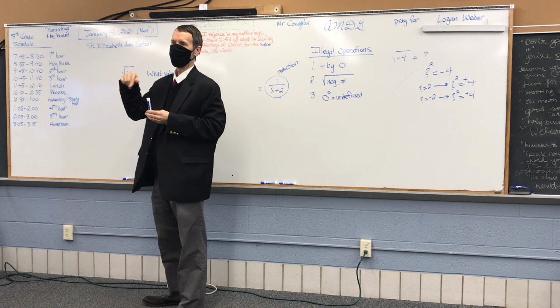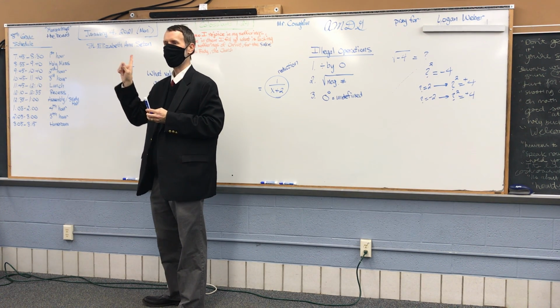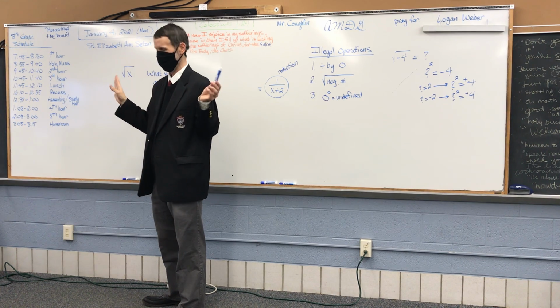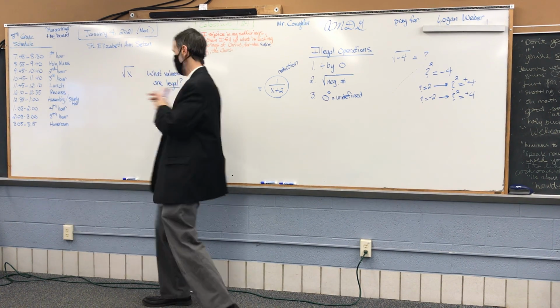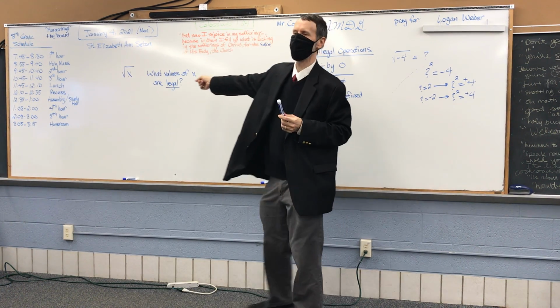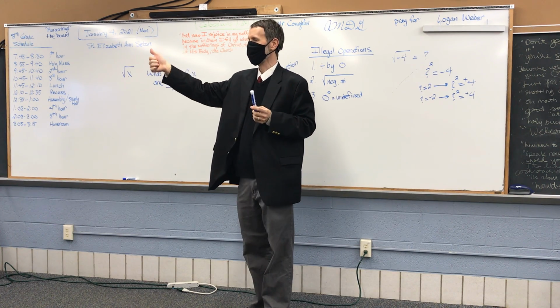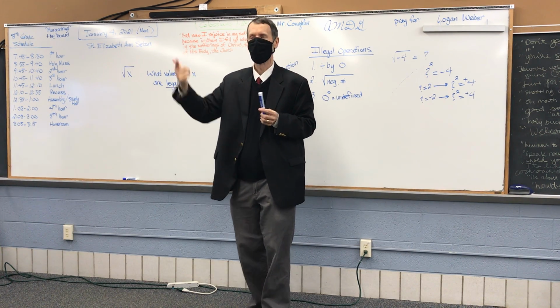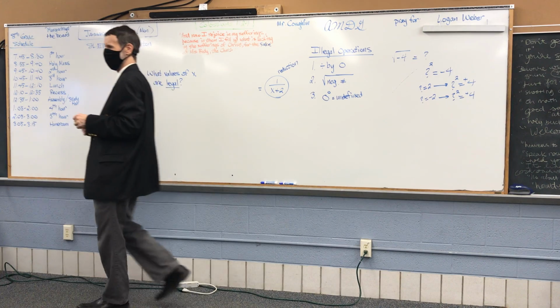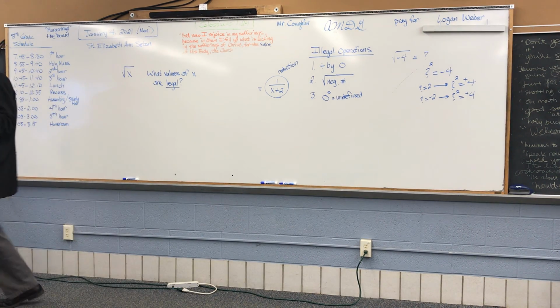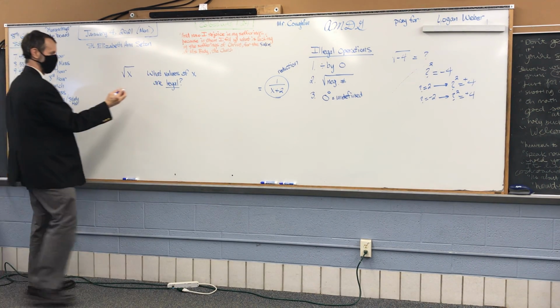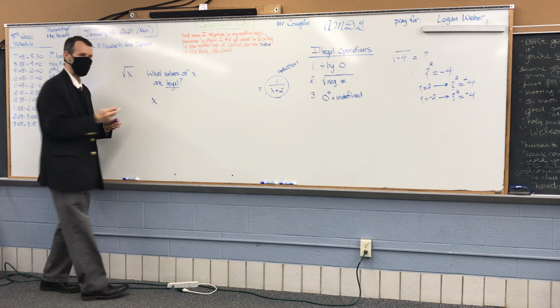Could you do negative 1? No. How about negative a half? No. What kind of numbers do you have to avoid? Negative. What can you use? Positives and 0. How do you say that in math? I'll give you hints.